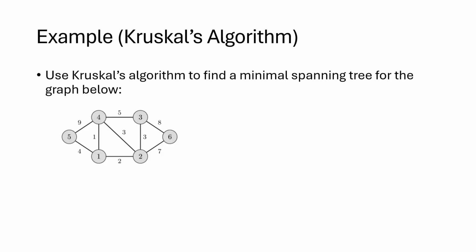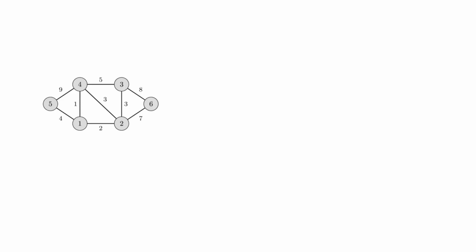So here's an example. In this example, we have this graph with 6 vertices, and you see that obviously the graph is weighted. Now what we want to do is apply Kruskal's algorithm to find a minimal spanning tree for this graph. So here we go. At the beginning, as we said, we start with all the vertices.